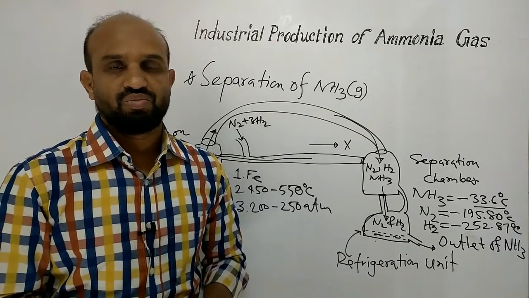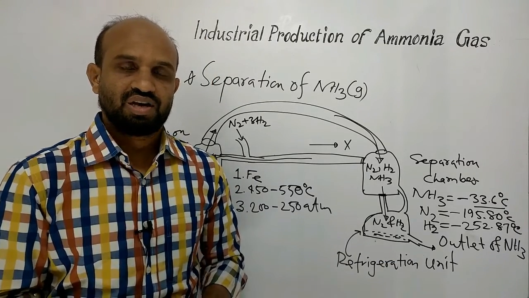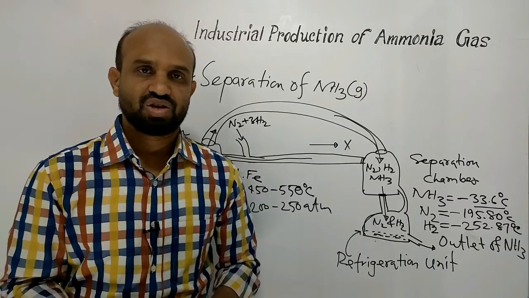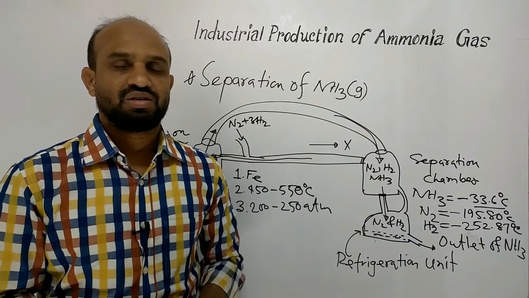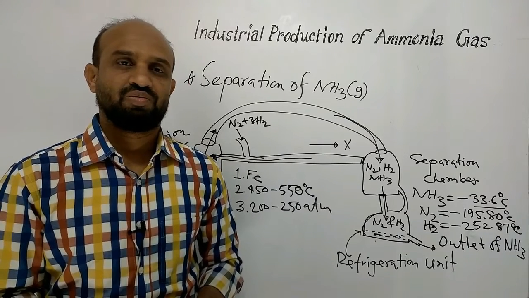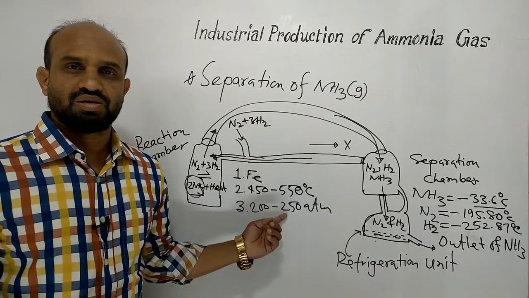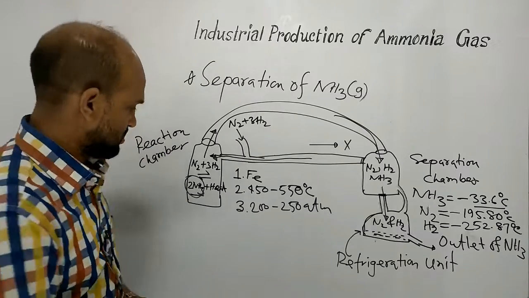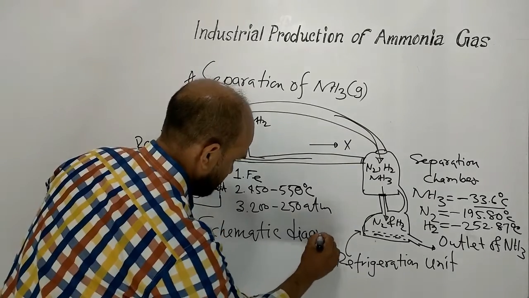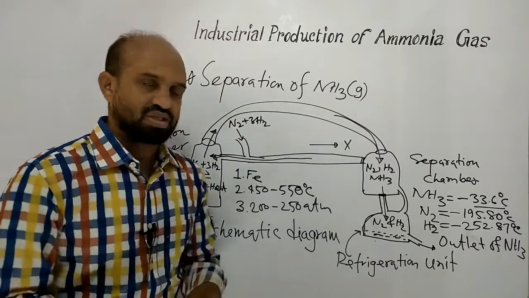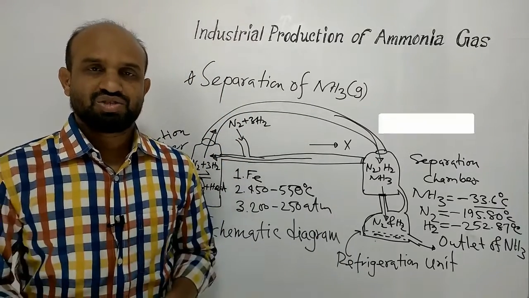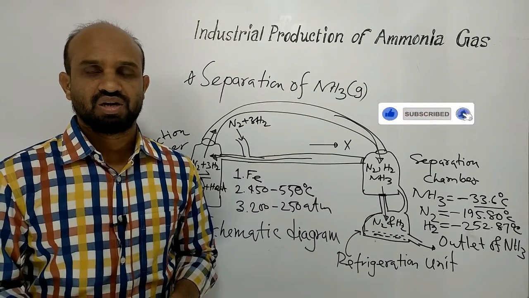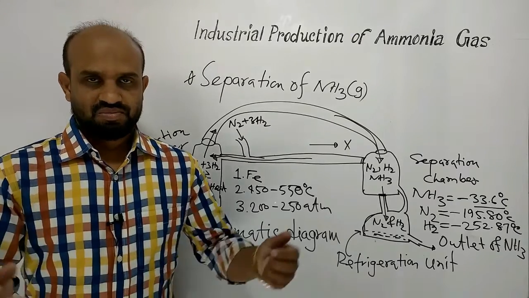This is the Haber-Bosch process by which ammonia gas is prepared and collected. This ammonia gas is dissolved in water to make an important ingredient of glass cleaner. This is the schematic diagram of the Haber-Bosch process. This is all about industrial production of ammonia gas by the Haber-Bosch process. Thank you very much.